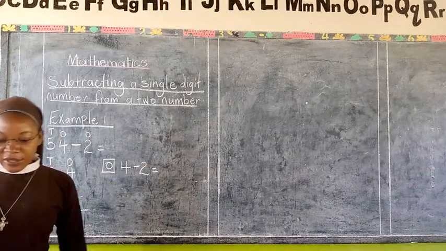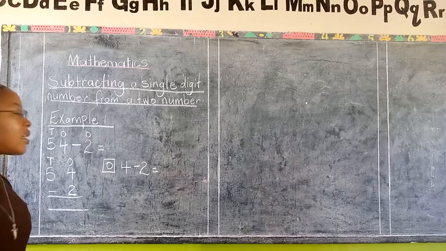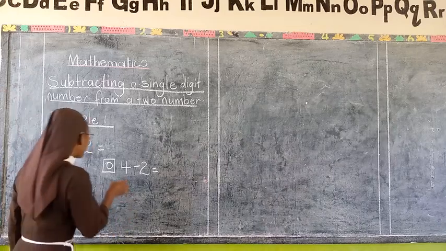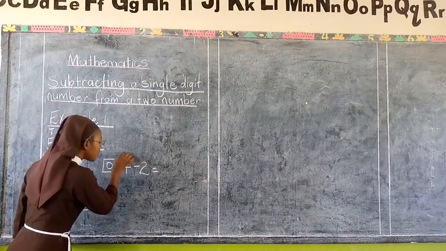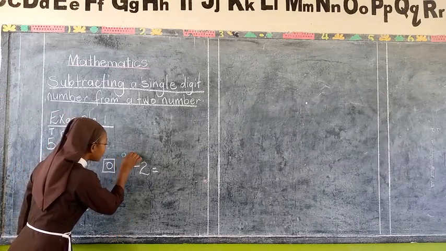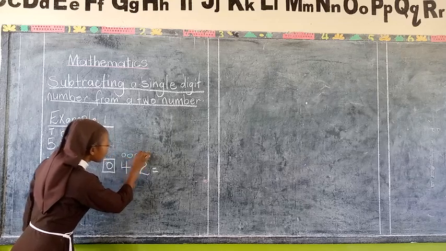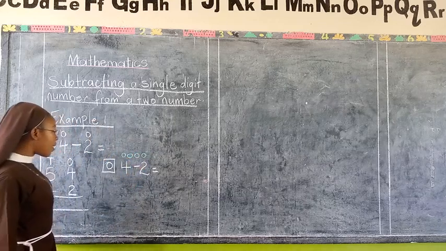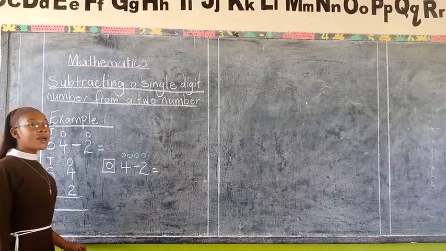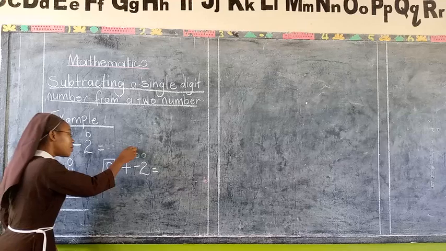We shall use balls. For our subtraction today, we shall use balls. So we are going to draw 4 balls here. 1, 2, 3, 4. We have 4 balls. We are going to take away 2. So we shall cross out that 2. 1, 2.